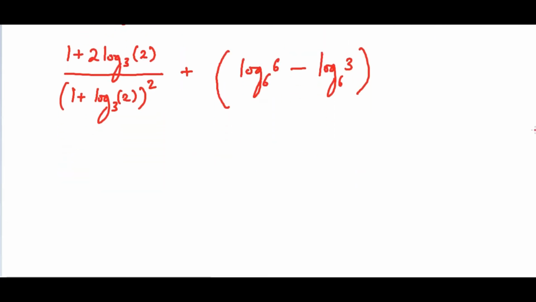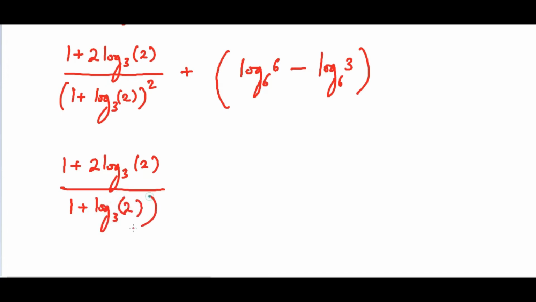Okay, so this part we can write as 1 plus 2 log, we are not shifting this part or doing any manipulation here, because base 3 is evident and we can find it. So in this part we can write it as 1, and negative of, we can write it in this way.